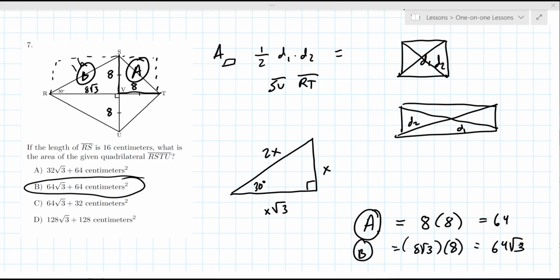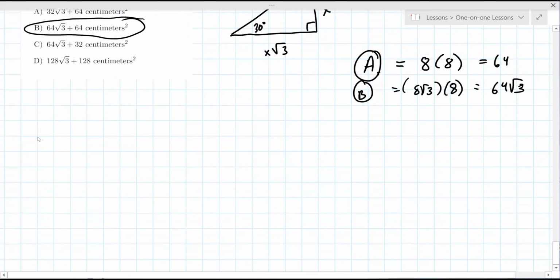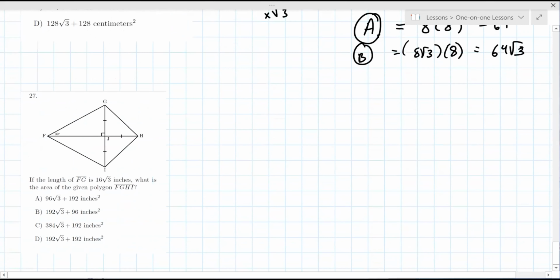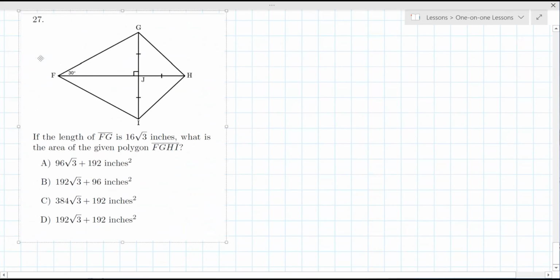So this one's a little more difficult, but it's the same sort of setup here. If the length of FG, that's this one, is 16 square root of 3, what is the area of the given polygon FGHI?